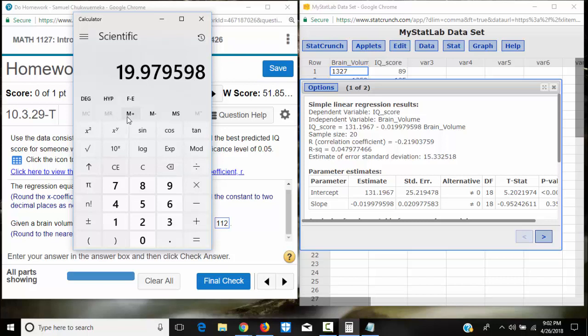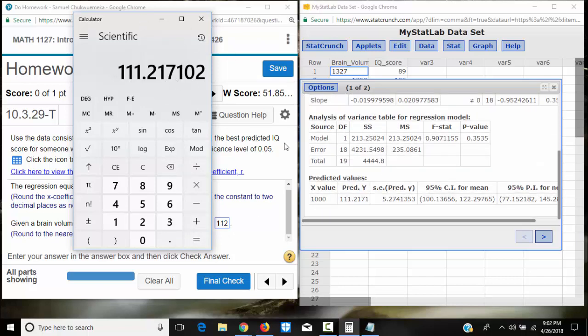Okay, I'll save this in memory, and then I do 131.1967 minus recall the memory, equals.